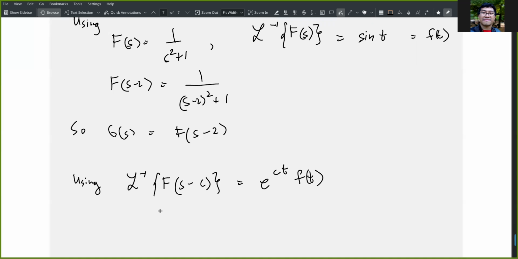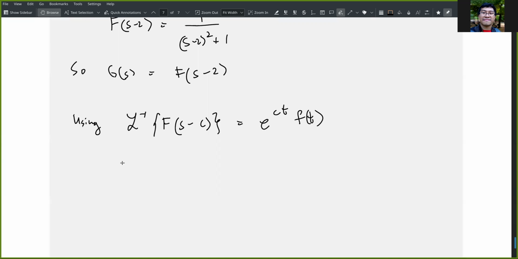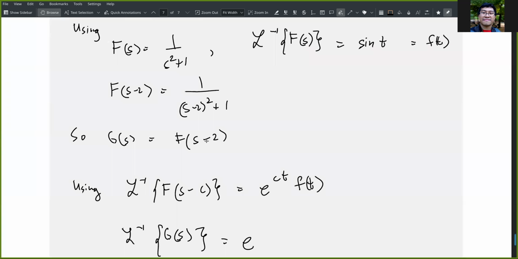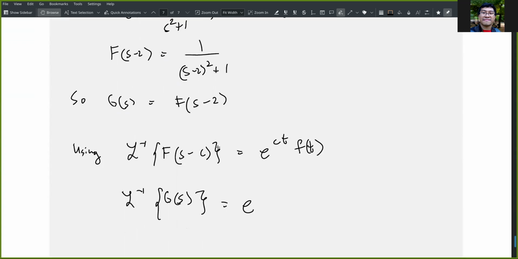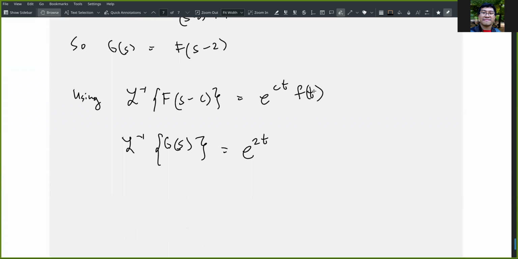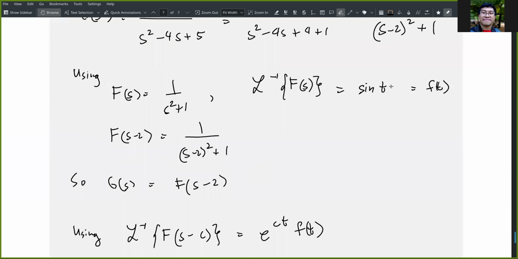In our case, you have the Laplace inverse of G here equal to e^(ct) f(t), where c here is this number 2. So c is 2. So you have e^(2t), and f(t) is sine t.